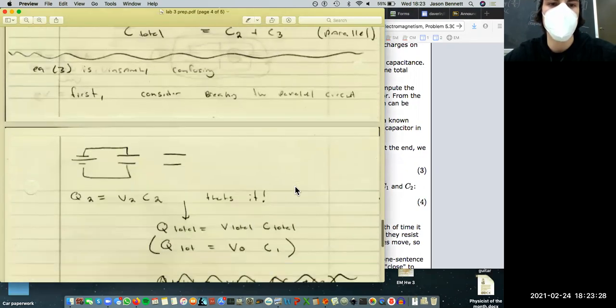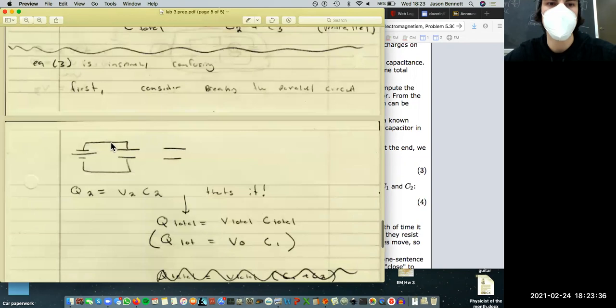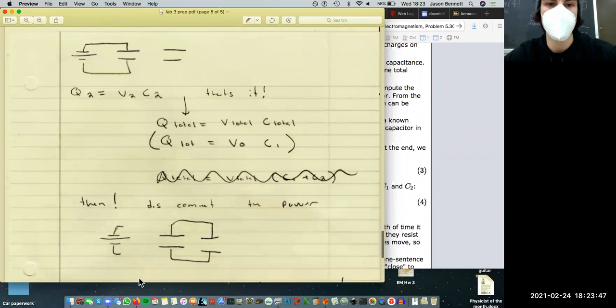So what you're going to be doing in the lab is charging one of the capacitors. So instead of this circuit, imagine you cut that wire and you cut that wire so that you're just charging this thing. And that's it. So you supply the charge to this capacitor and then you cut the voltage supply off.